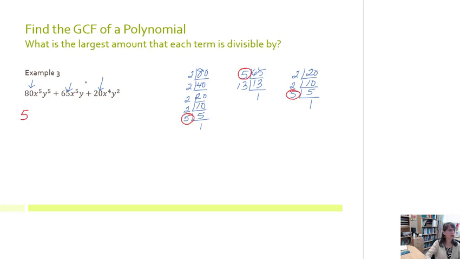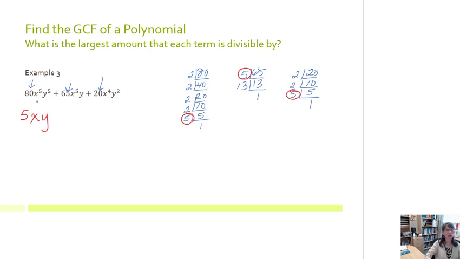Now I'm going to look at all of the variables. We have x and y in the first term, x and y in the second term, x and y in the third term. So we know that all terms have x and all terms have y. So I'll start with x and y.